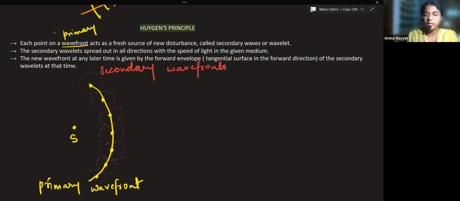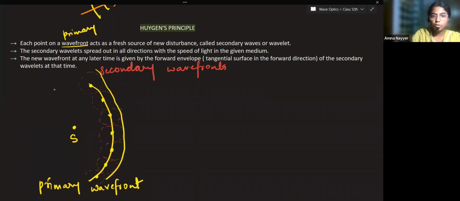But now how has the wavefront propagated? What did I say? Huygens' principle tells you how the wavefronts propagate. Since these point sources gave rise to the new secondary wavefronts, what will happen? They will just join the secondary wavefronts.